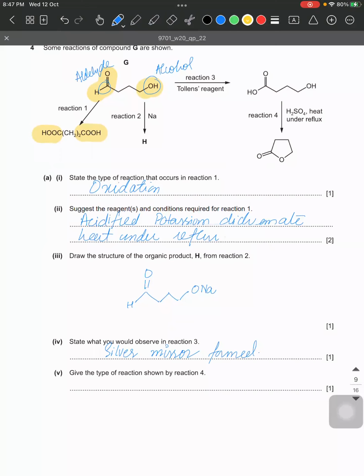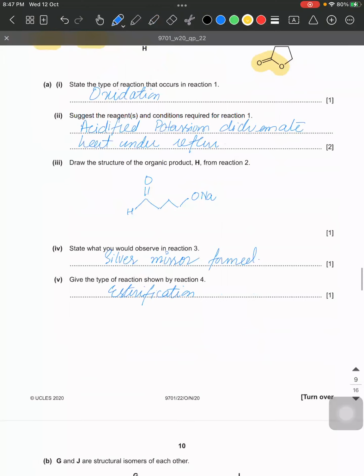If you focus over here, this is an ester linkage. Actually, these two combine together, so this is esterification.